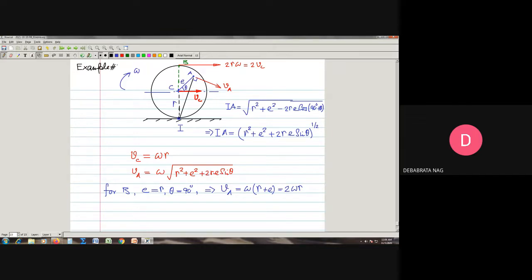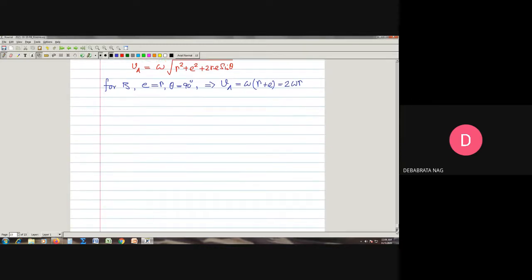And we can of course show another example, for a mechanism which is very common in mechanical engineering. That is what is termed as the crank connecting rod mechanism. We can consider this to be example 3 here.